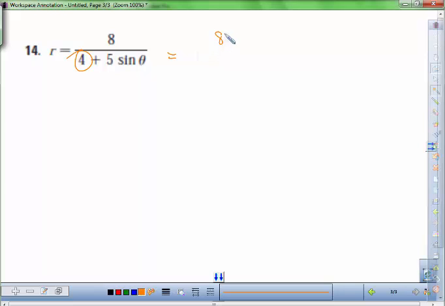What we'll do is factor out a 4. There, now it's a 1. But when you factor out a 4 out of the 5, it's not a nice thing, right? So it's 5/4 sine theta. This 4 can just get absorbed with the numerator, and you've got 8 over 4, which is a 2.